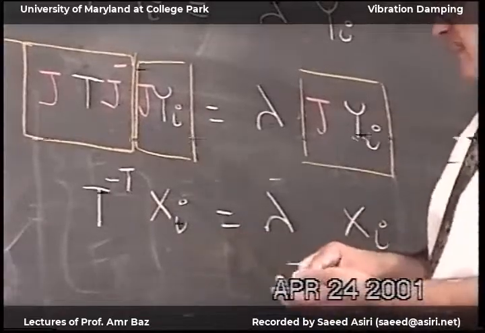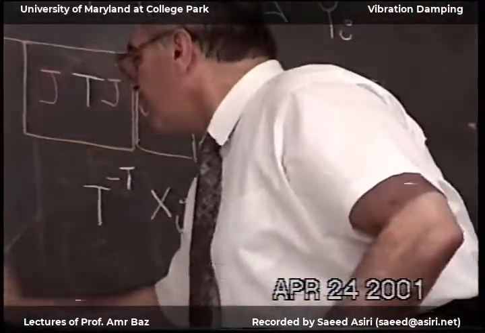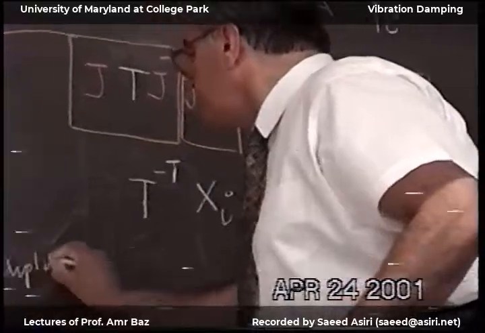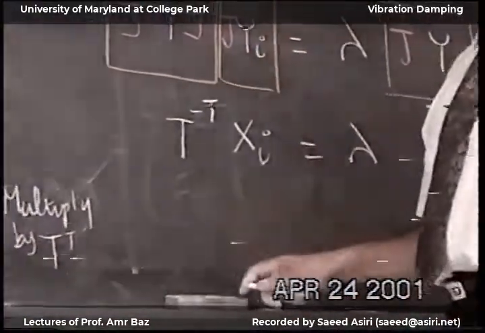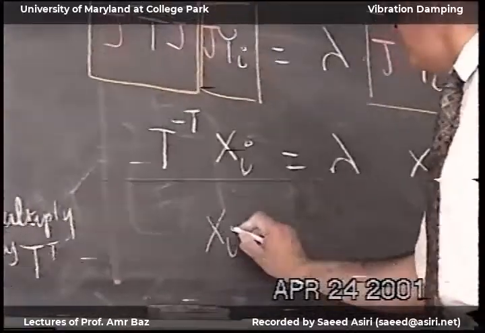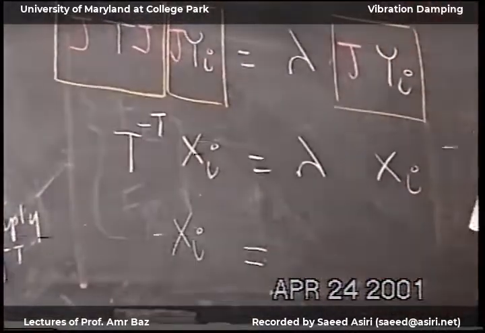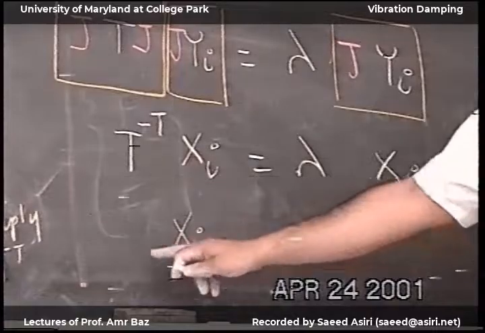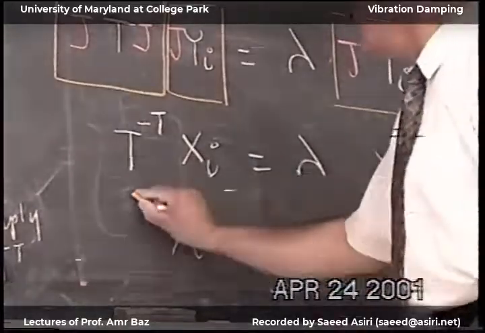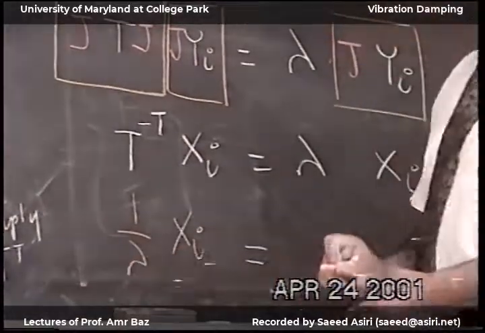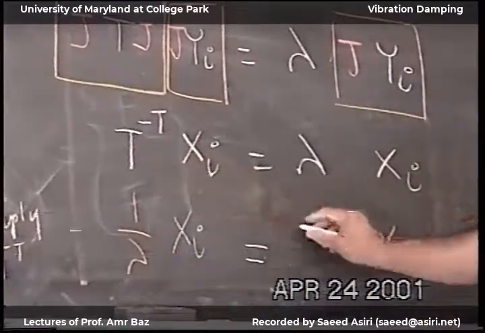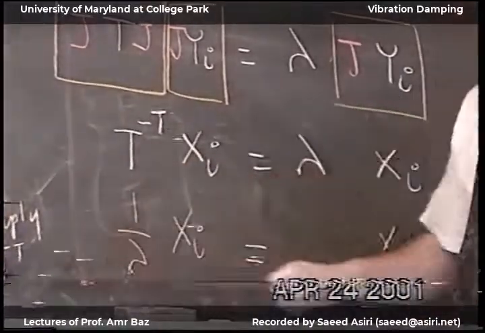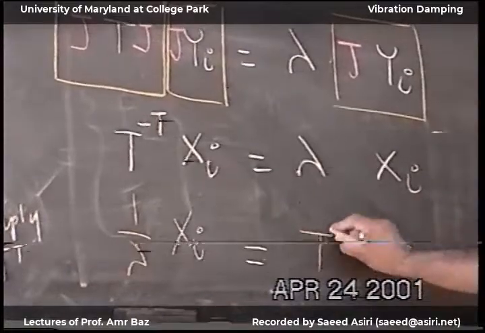So this will be identity times xi, and I'm going to take this lambda and bring it here. And then I have xi here, and then I will multiply it by T transpose, so T transpose will appear here.